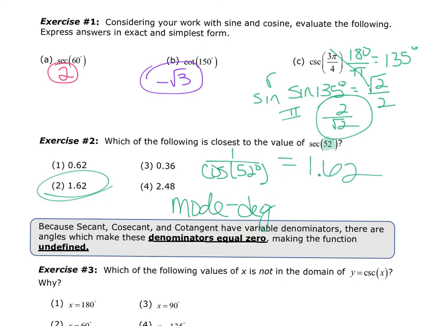1.62. Now, you may be wondering, can you just plug these into your calculator? You can if you do it the way that I just showed you with 1 divided by. If you look at your calculator above the sine, cosine, and tangent, you will see something that looks like sine to the power of -1, and same thing for cosine and tangent.